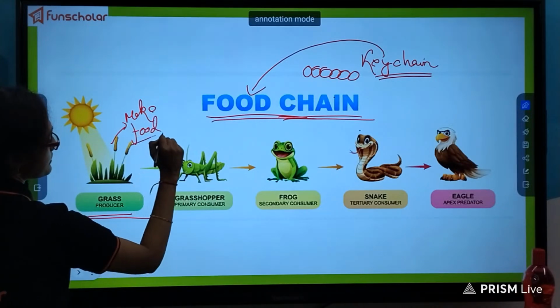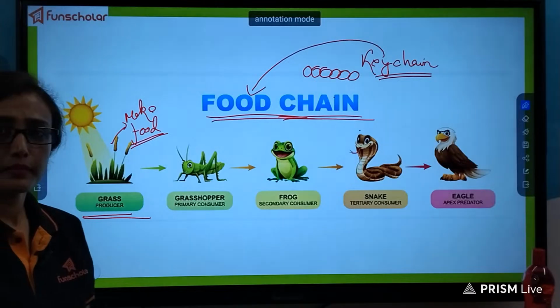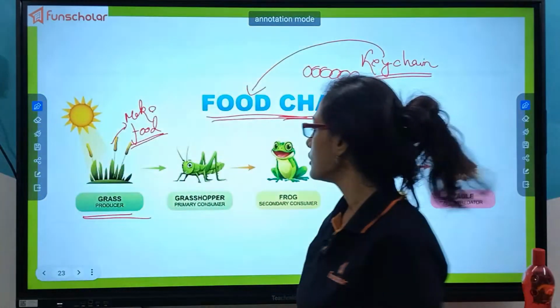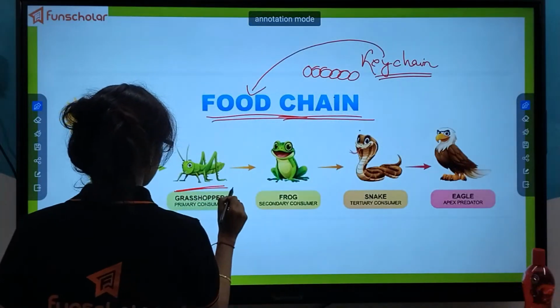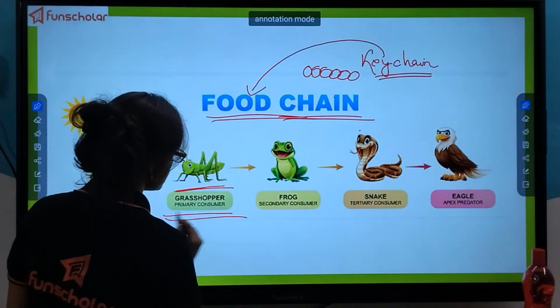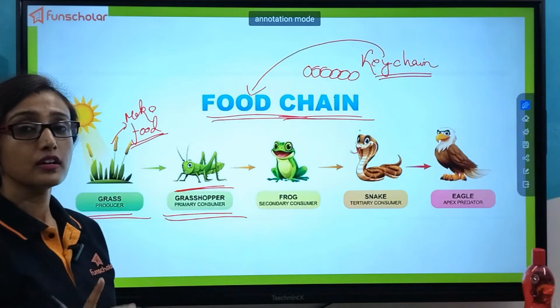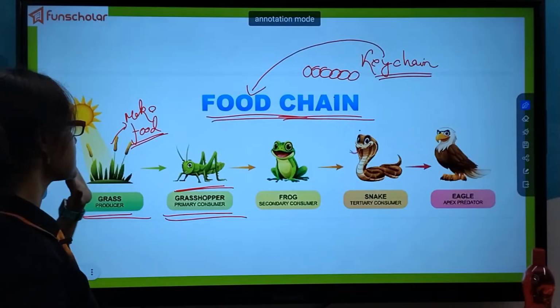Now, no other animals or organisms can make their own food. So what they do? First comes the grasshopper. They are the primary consumers. Okay? Primary means they are the first ones who eat the plants directly.